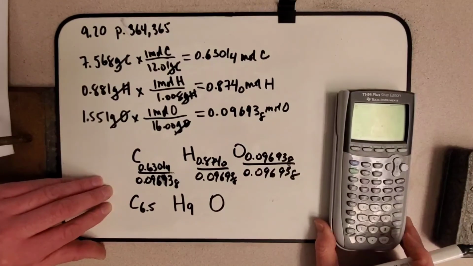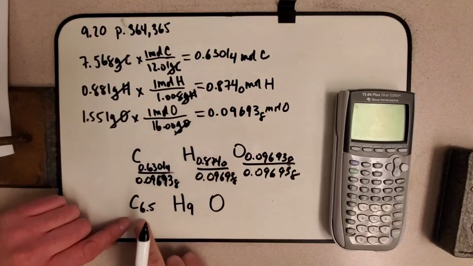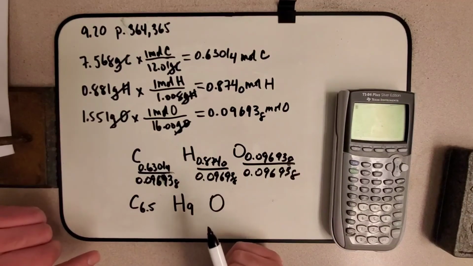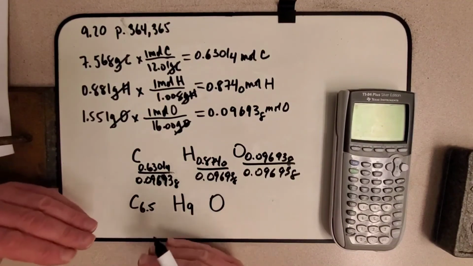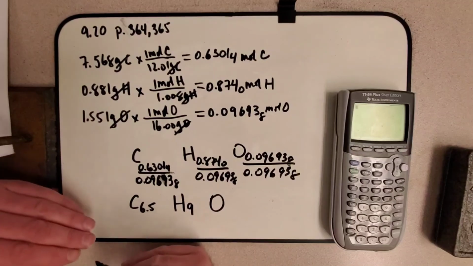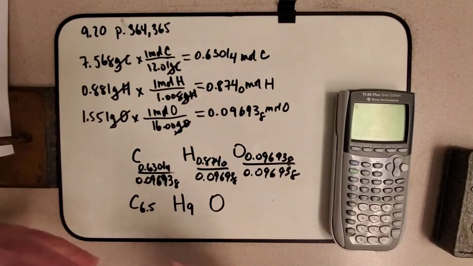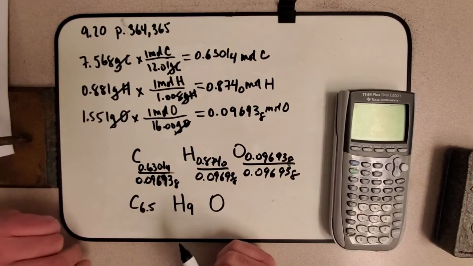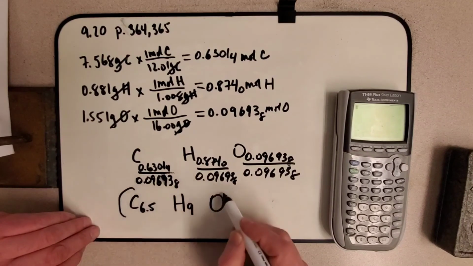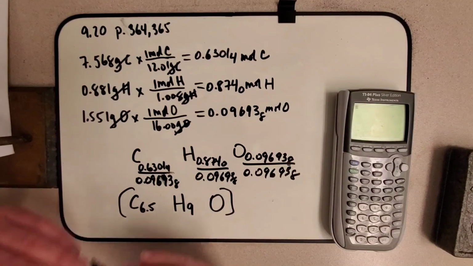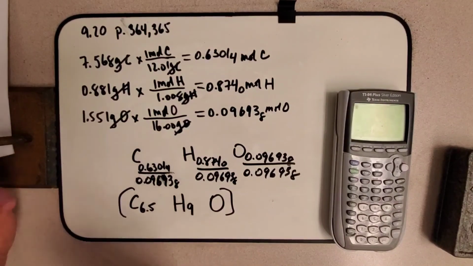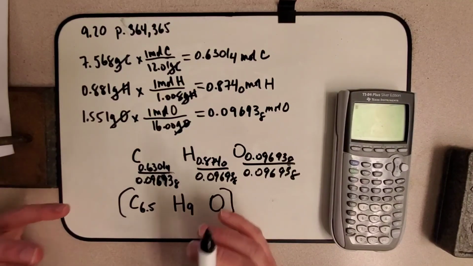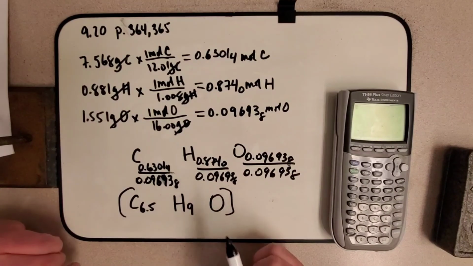Now remember how last time I talked about what to do when after this step you get a number that is not whole. Well, you cannot just round off this 6.5 to 7, because that would be too much of an error from the experiment. What you need to do is remember I said use the 2, the 3, and increment by ones until you do the distributive property and get the small whole number ratios.